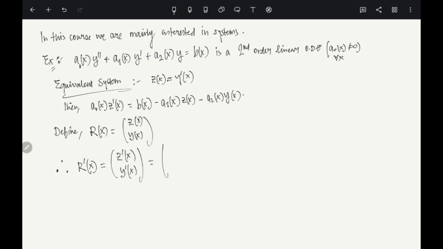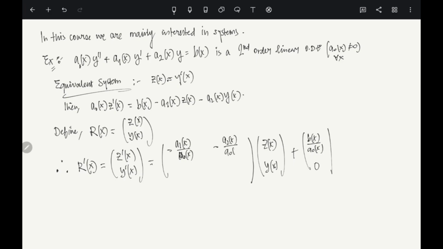That will be given by the matrix acting on z and y, plus b of x by a naught of x and 0. Here z is multiplied by minus a1 of x by a naught of x, and y is multiplied by minus a2 of x by a naught of x.